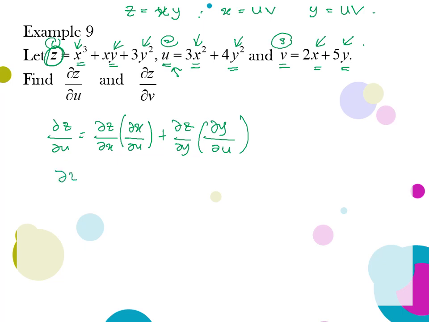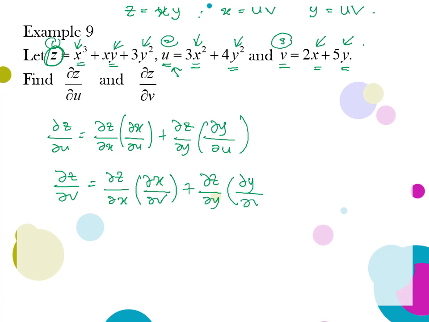For del z del v, you should do the partial derivative with respect to x and x with respect to v plus del z del y del y del v. So you will be dealing with two chain rules in order to find the respective answers. Okay, so we do one by one.